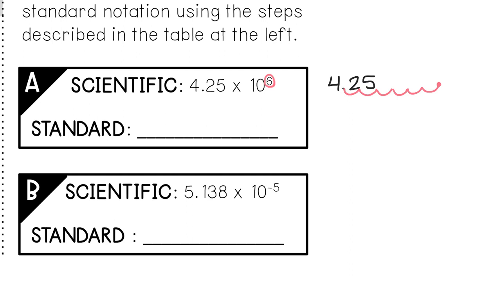And for each time that I moved the decimal, and there's nothing to fill the space, I need to add a 0. So this number becomes 4,250,000.